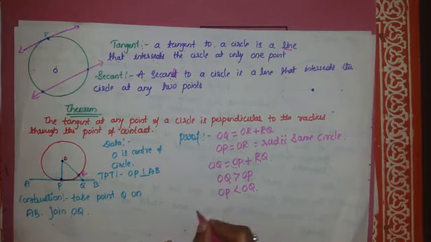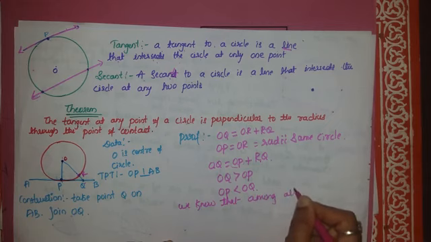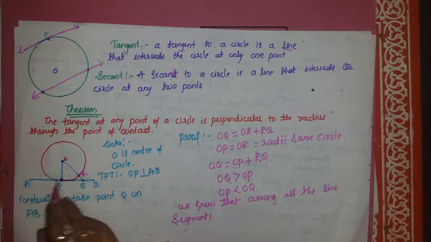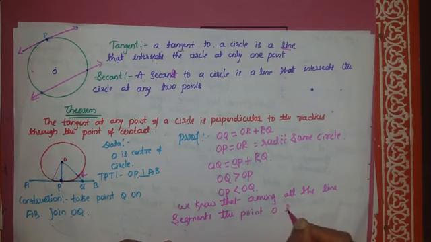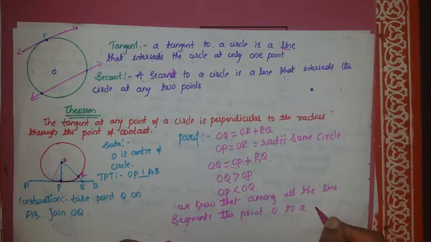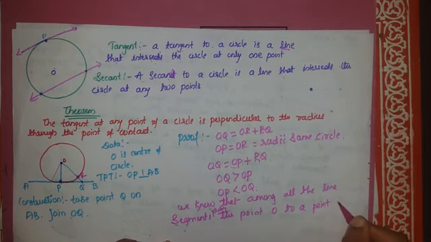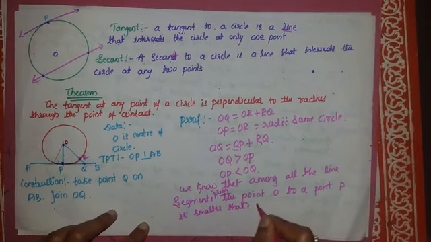So we know that among all the line segments joining point O to the line AB, the segment OP is smaller than the other line segments.